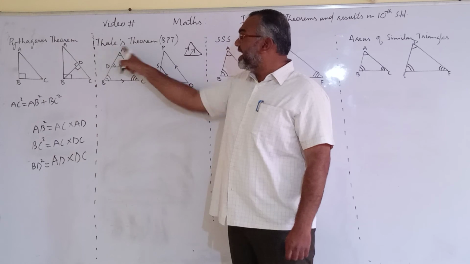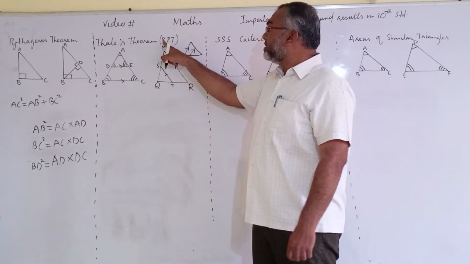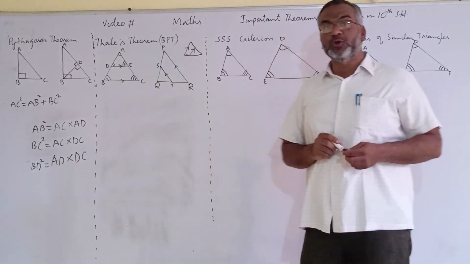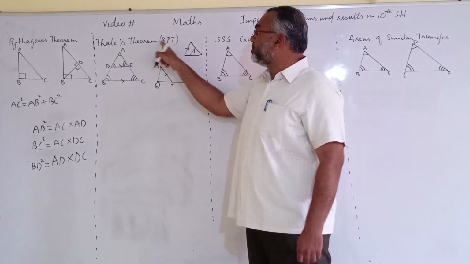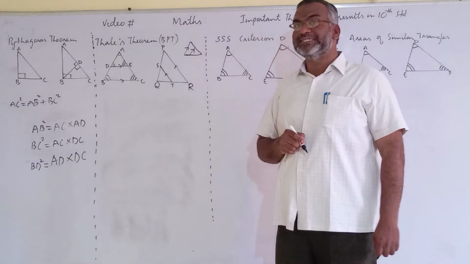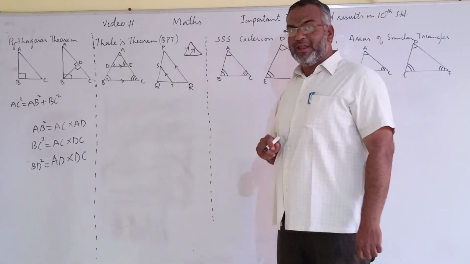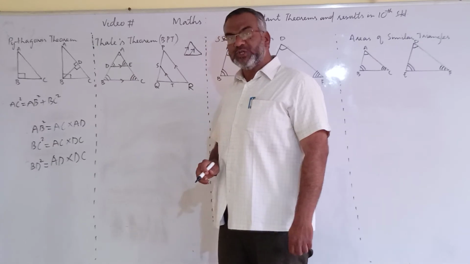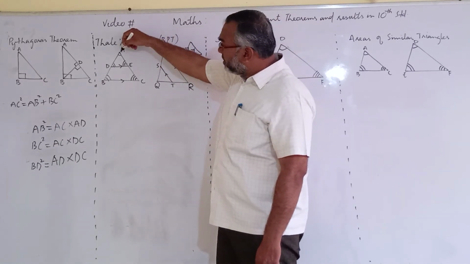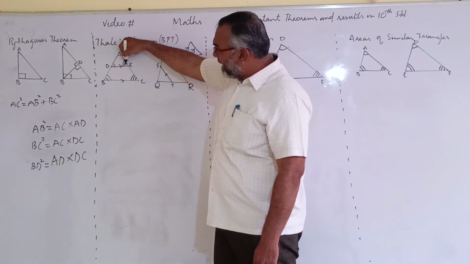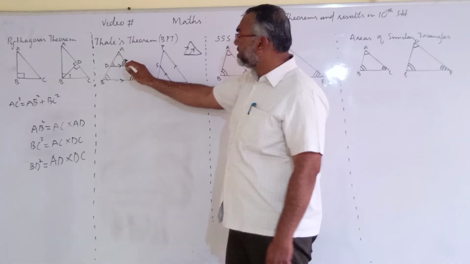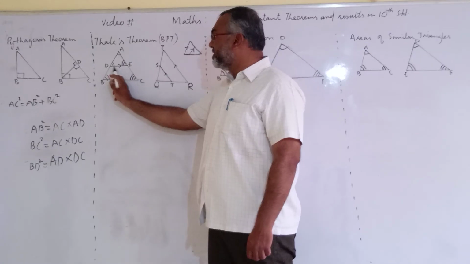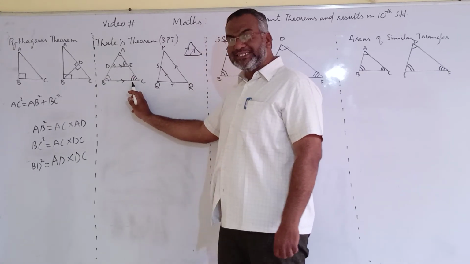Next is Thales theorem or basic proportionality theorem. Thales theorem is also known as basic proportionality theorem, BPT. According to this theorem, in a triangle, if a line is drawn parallel to one side, see triangle ABC, I have drawn DE parallel to BC.